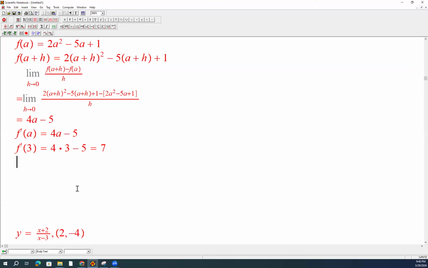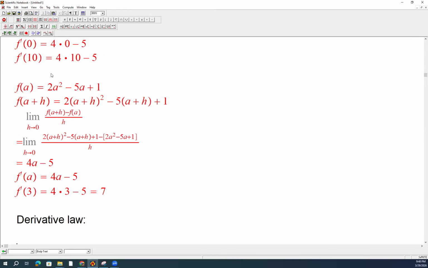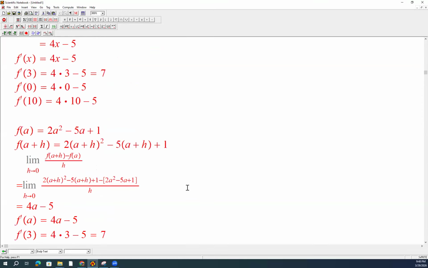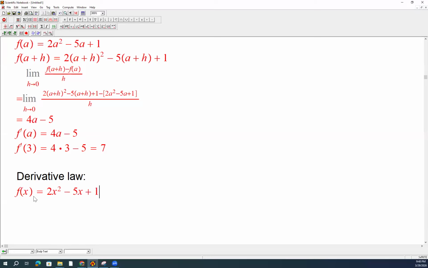Now, the last way we're going to talk about today is using the derivative law. Okay, the derivative law basically allows us to find the derivative. For example, for this particular function, we can find the derivative, and that derivative, f prime, is going to be 2 times 2x minus 5.